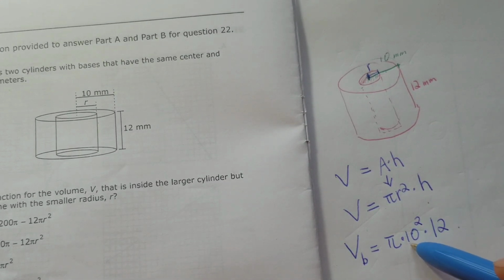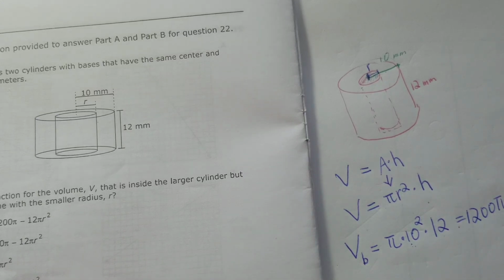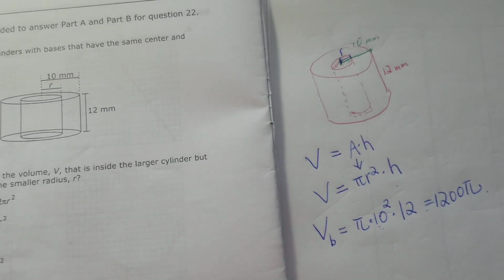Simplify: 10 squared is 100, 100 times 12 is 1200 pi. Some students may get confused, like, do we need 3.14 for pi? No, you just keep pi there.